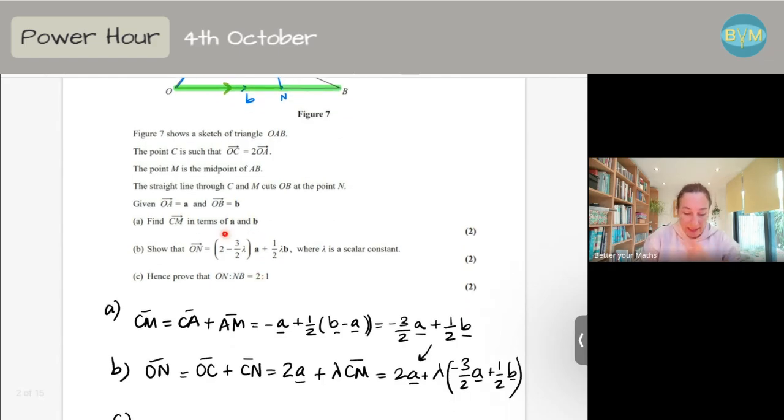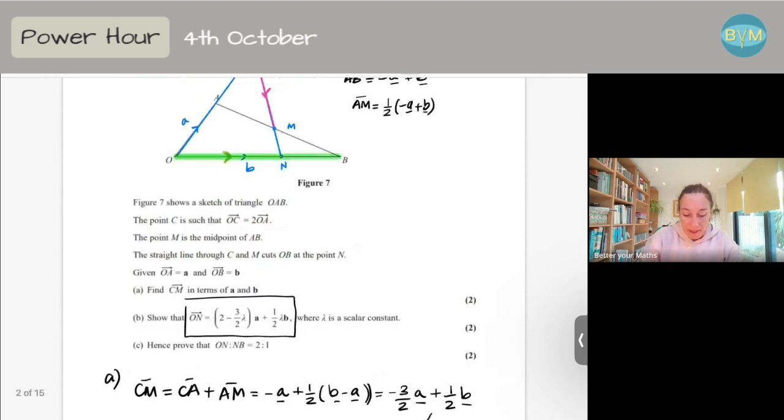I'm going to use this expression here, not the one that I wrote. This expression here is ON, this vector here. This vector is completely parallel to B, which means it has no A component. If it's completely parallel to B, the only component that it is going to have is this one. So the A component is going to be 0.